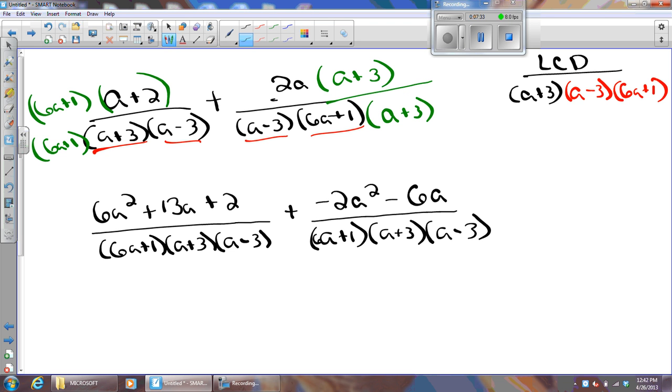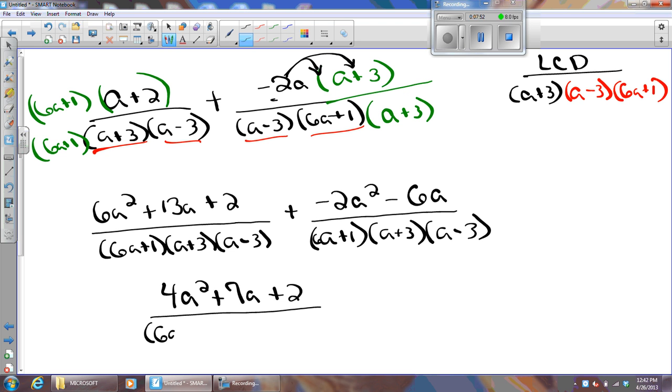Okay. Now I'm going to combine like terms because my denominators match. And I'm going to get 4a squared plus 7a plus 2, and that'll all be over 6a plus 1, a plus 3, and a minus 3.